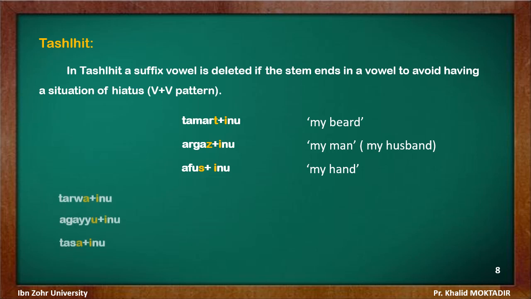Now look what happens when we have two contiguous vowels. Darwa inu, agayu inu, dasa inu. What happens is this.